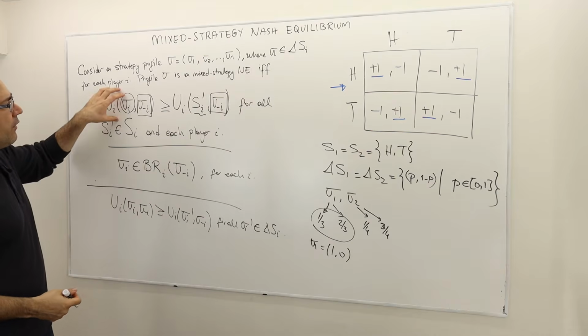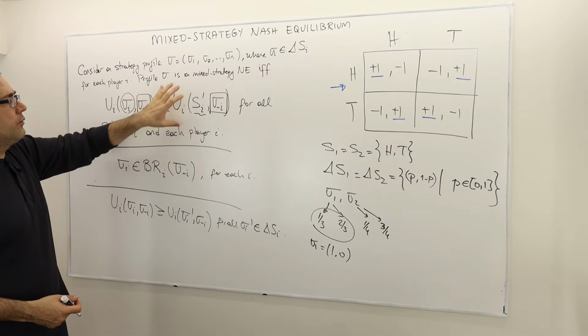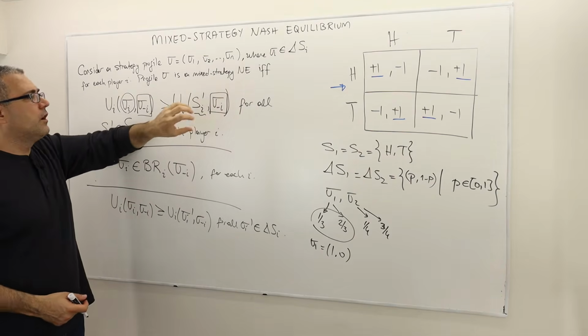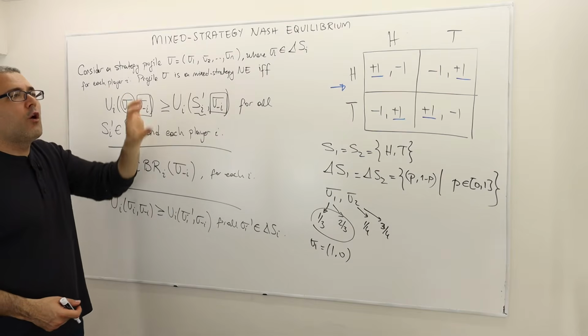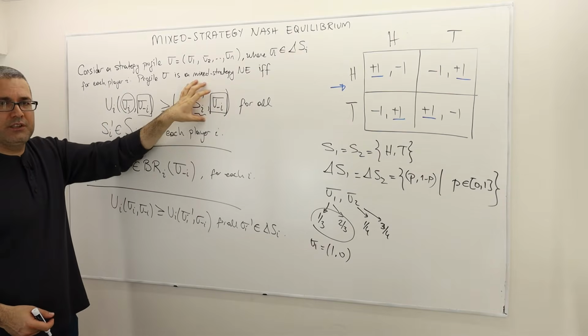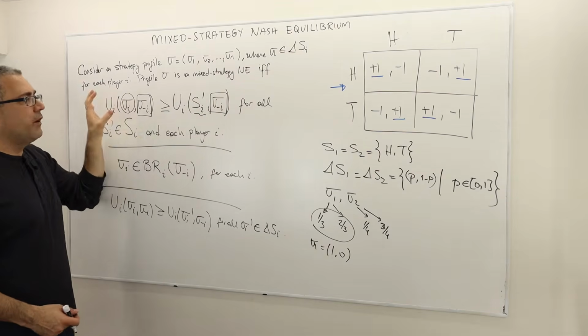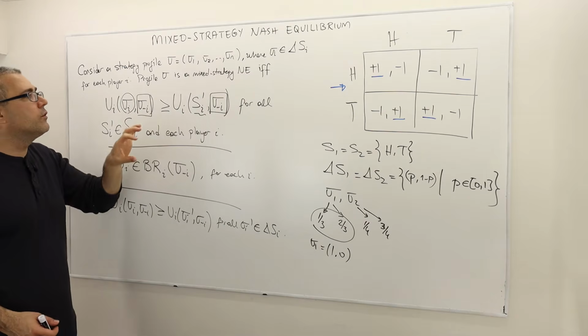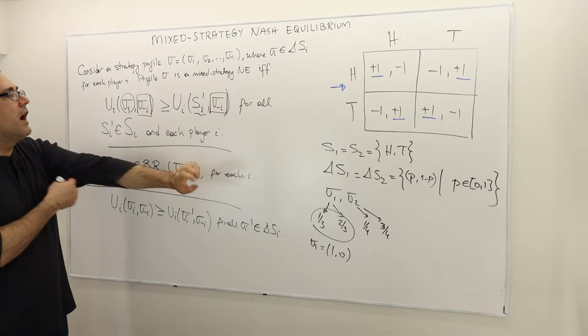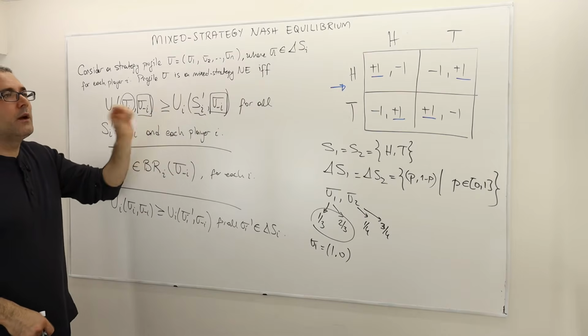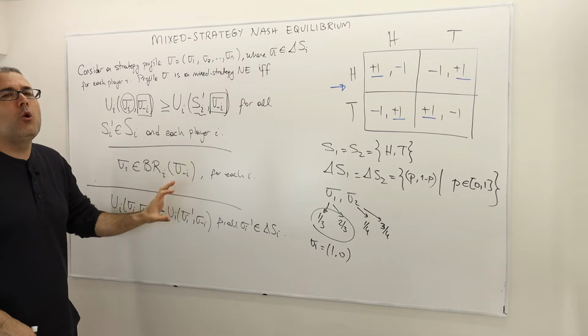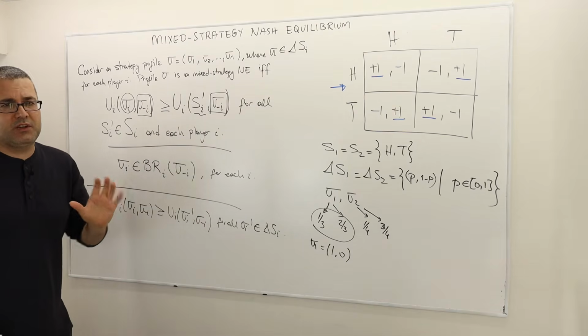If this payoff is greater than or equal to the payoffs of all the other pure strategies, then it must be greater than or equal to the payoffs from all the other mixed strategies.